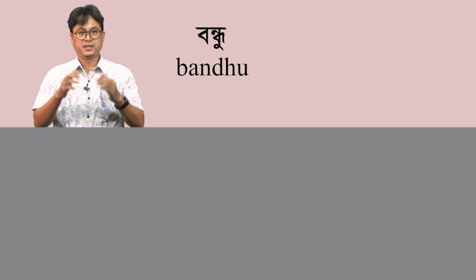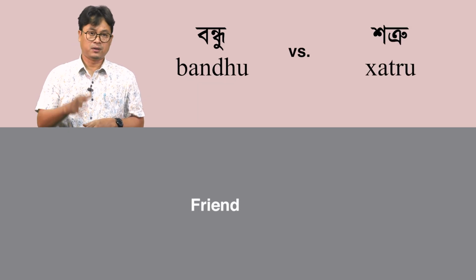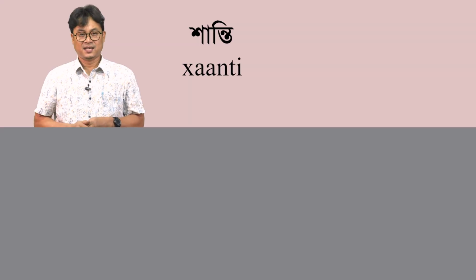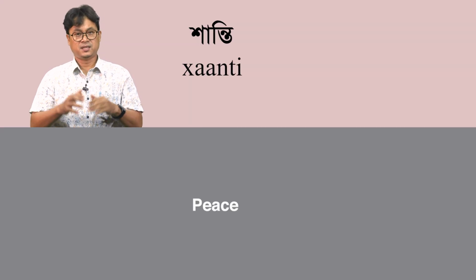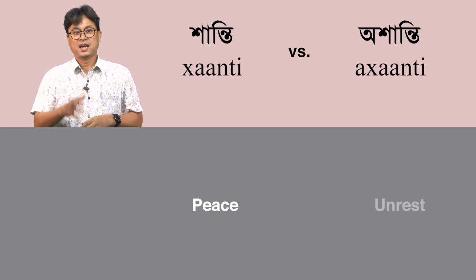This pair expresses the most fundamental contrast related to existence. Similarly, bondhu. Bondhu means friend versus hotru. Hotru means enemy. This pair expresses opposite human relationships. We may also consider shanti. Shanti means peace versus ashanti. Ashanti means unrest.